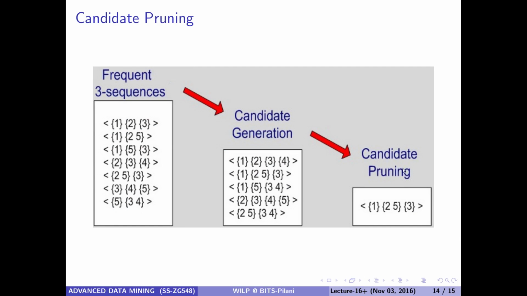This was the overall picture: we have the 3-sequences, then we used candidate generation to find these, and then we did the pruning to come up with this single item. If it had contained more than one item, we would do the same thing in frequent sequence generation once again. Because it was the 4-sequence, we use that to generate the 5-sequence and then do the pruning once again. The same procedure goes on iteratively.